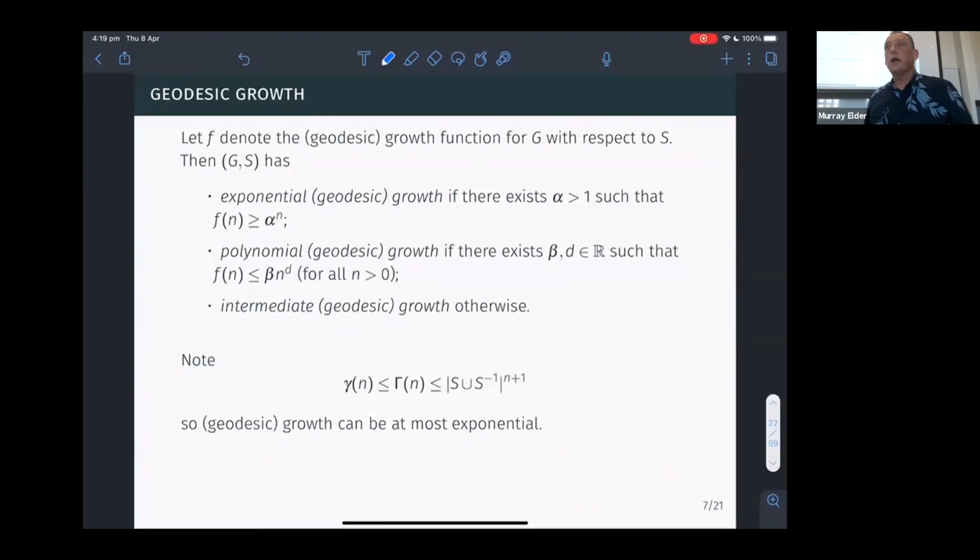And why don't I consider anything else like factorial or something? Because this is the number of group elements that have at least one thing representing them. Well, that's obviously smaller than all the possible ways that I could write geodesics. Adam was interested in when these two functions were actually equal, when there was only one way to write things. But in general, we're expecting this to be bigger. And then this is just the number of words of length at most n satisfying something.